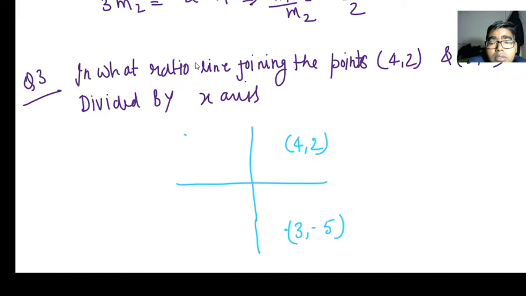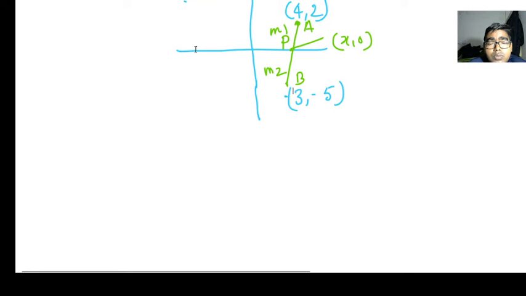This line is divided by the x-axis. Suppose the point is P, so the y coordinate is always 0, right? Let's take the ratio m1 is to m2, with point A as the first point.